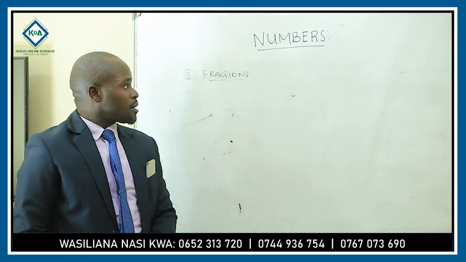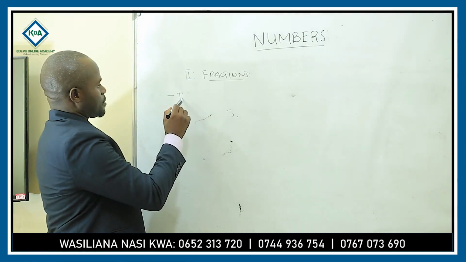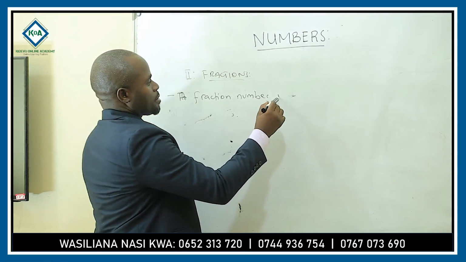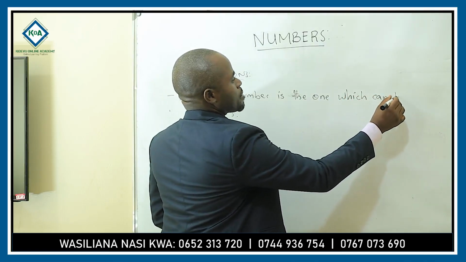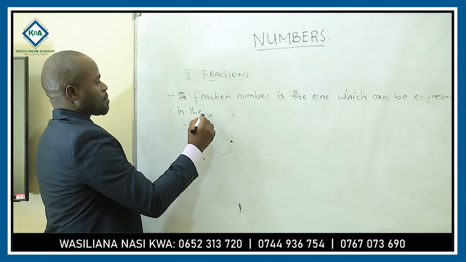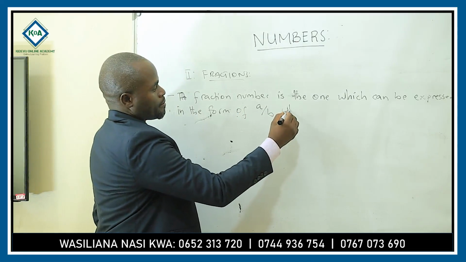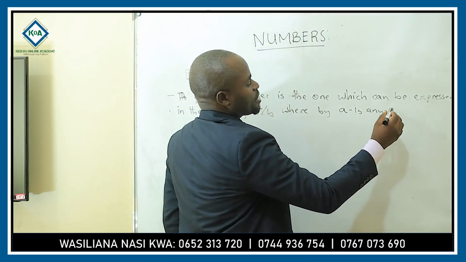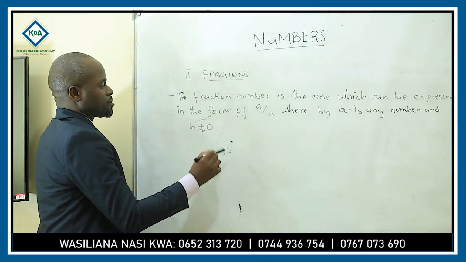What is a fraction? A fraction number is a number which can be expressed in the form of A over B, whereby A is any number, and B is not equal to 0.